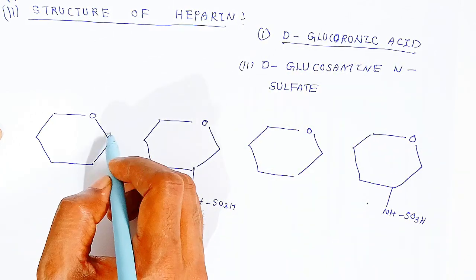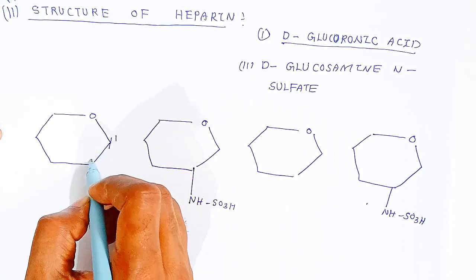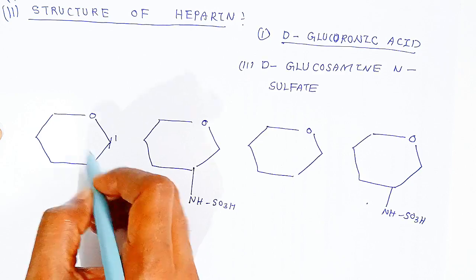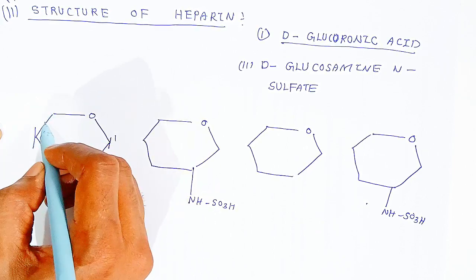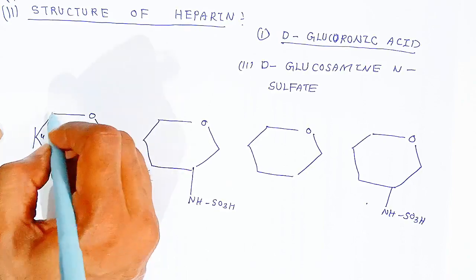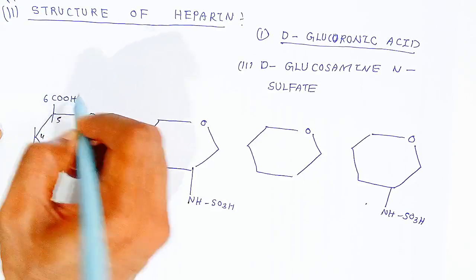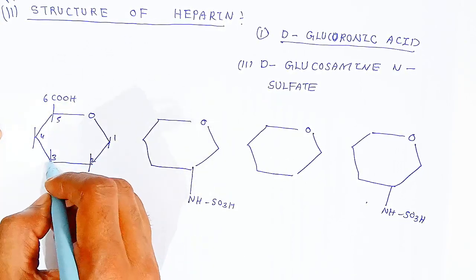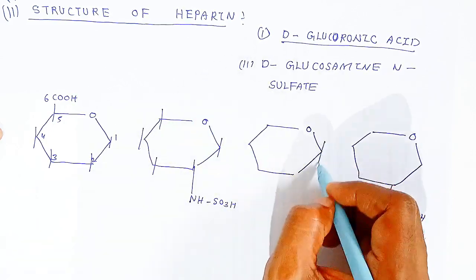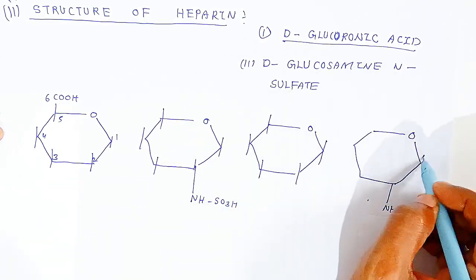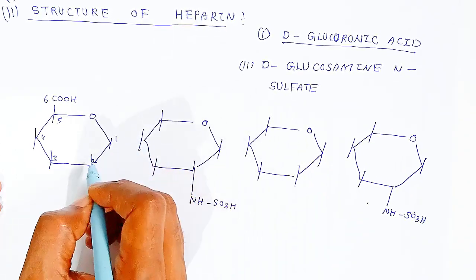Understanding students? Now because carbon is tetravalent, this way, students, this is carbon number 1, this is 2, 3, this is 4, this is 5 and because it is acid, this part is going to convert into acid. Because carbon is tetravalent, you have to draw the valency this way.